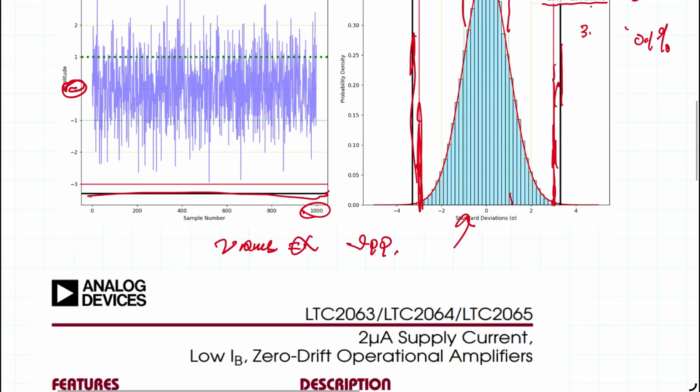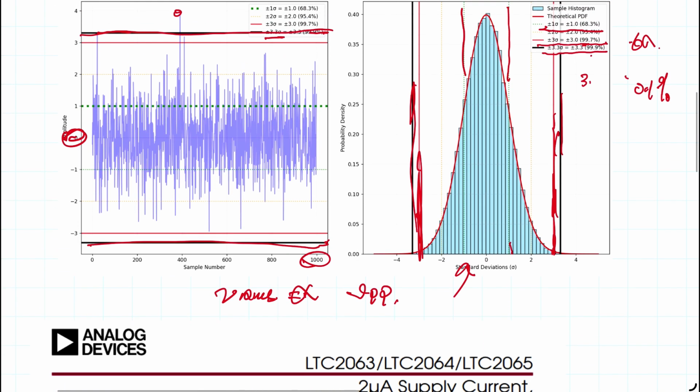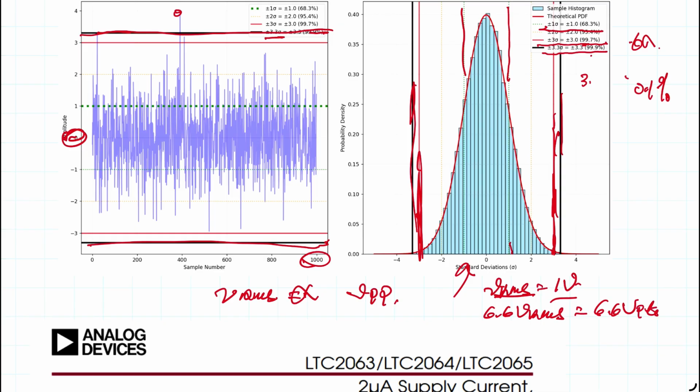That means if you know the RMS value of a signal is 1 volt, the peak-to-peak value is roughly about 6.6 times VRMS. It's 6.6 volts peak to peak.